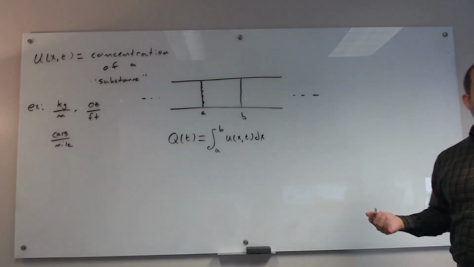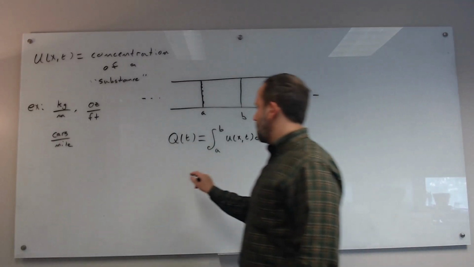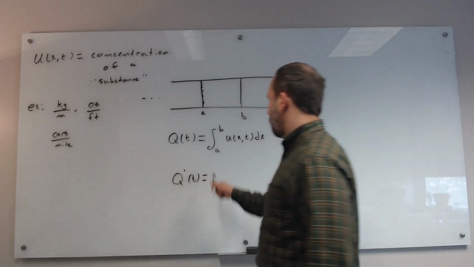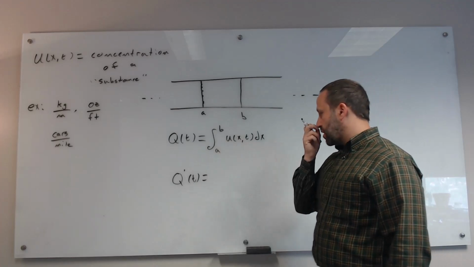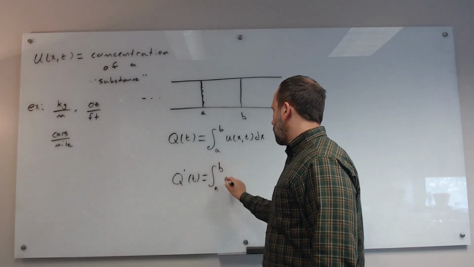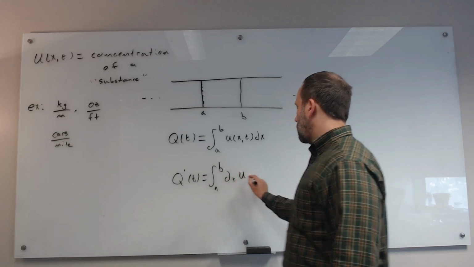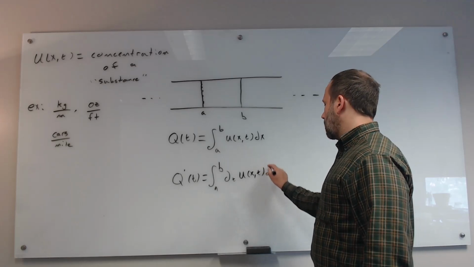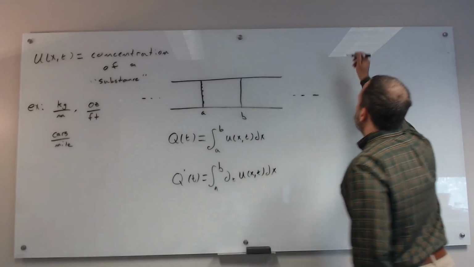And just as we have done many times before, Q'(t), if I take the derivative on the outside, I can push it onto the inside, and it's going to now be the integral of the partial derivative of u with respect to t, (x,t) dx. Okay.